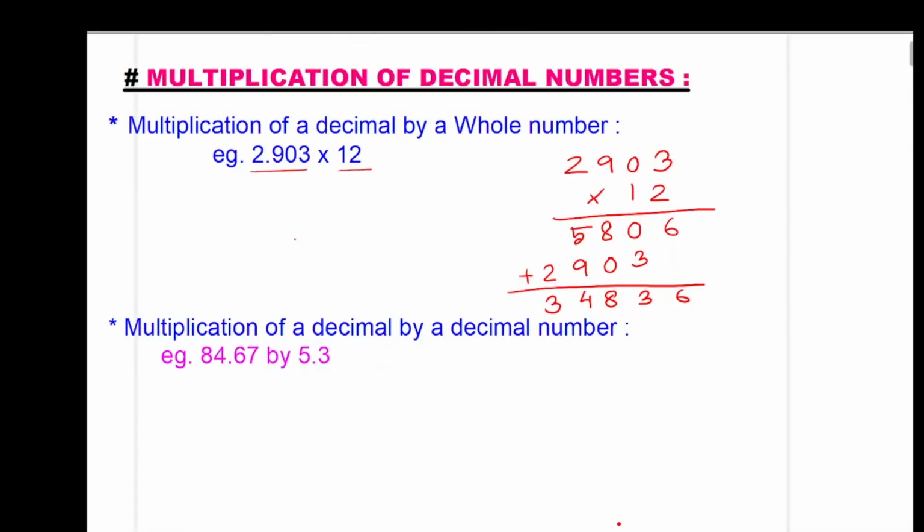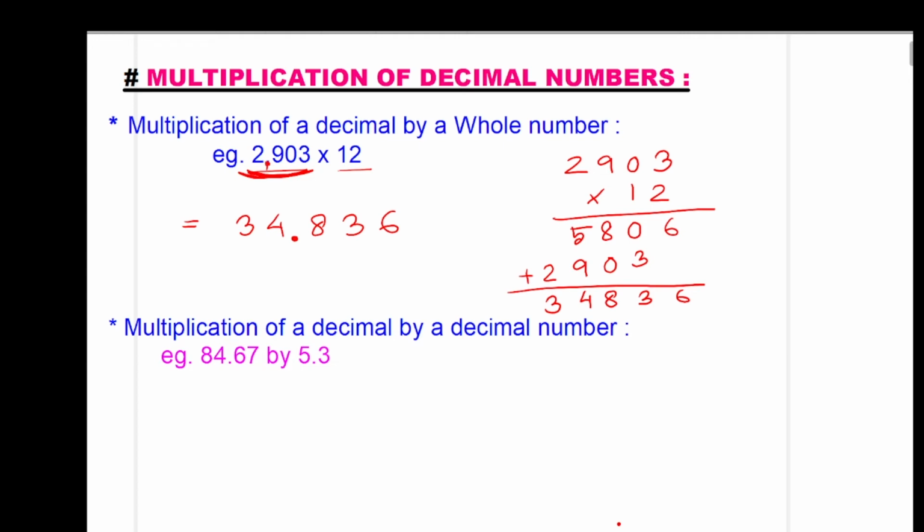Now in the question here, this is the decimal. So the point is before how many digits? 3 from the right. So here also, what answer are we getting? 34836. Now from the right you just count 3 digits, 1 2 3. Before the 3 digits there will be the point, because in the question before the 3 digits there is a point.